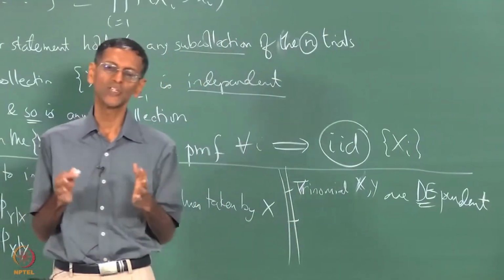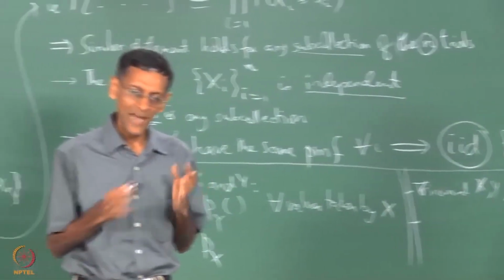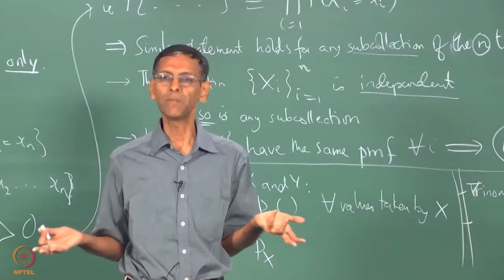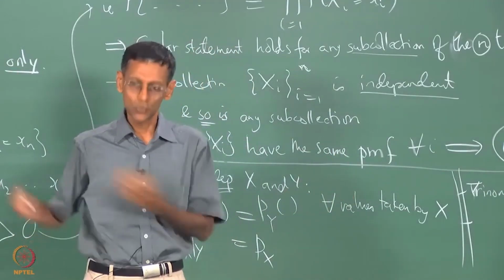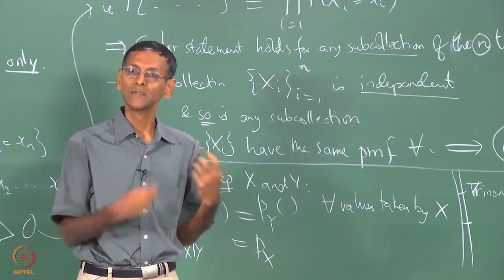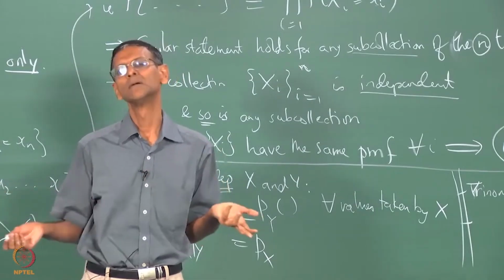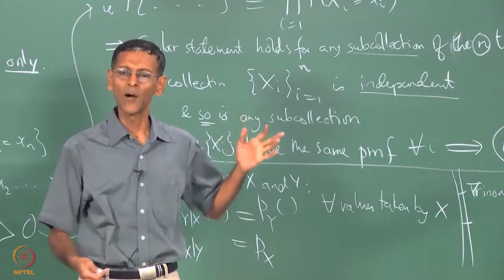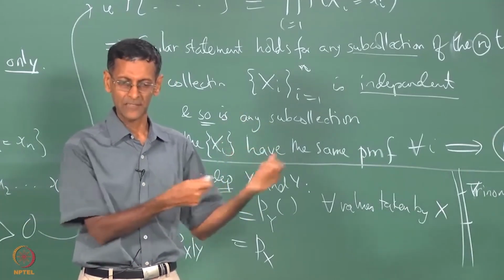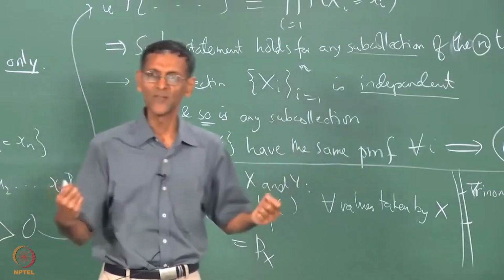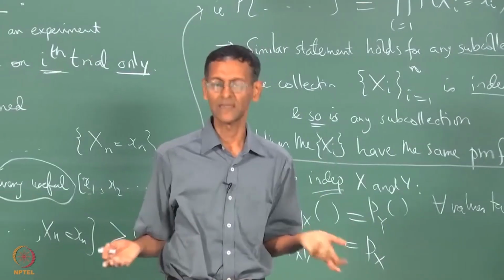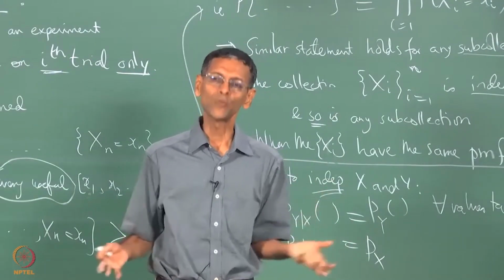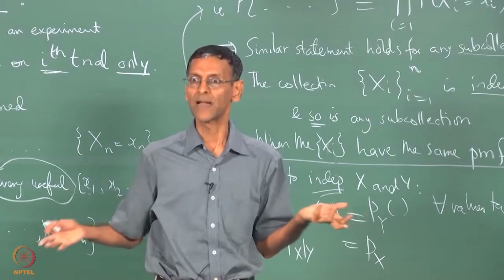Not only that, the random variables that you associate with sampling without replacement are typically dependent. The first trial you get something, then you throw that away, you don't add it back to the mix, then you take out a second one. Unless whatever you are taking out is so big that taking out the first one doesn't statistically change what is happening there, right? In general, sampling without replacement gives you dependent random variables, not independent.